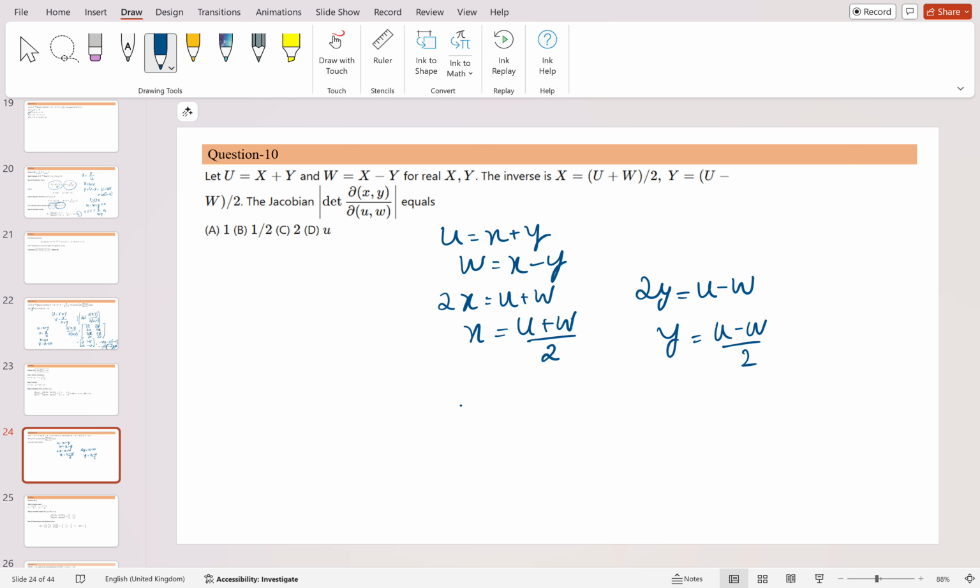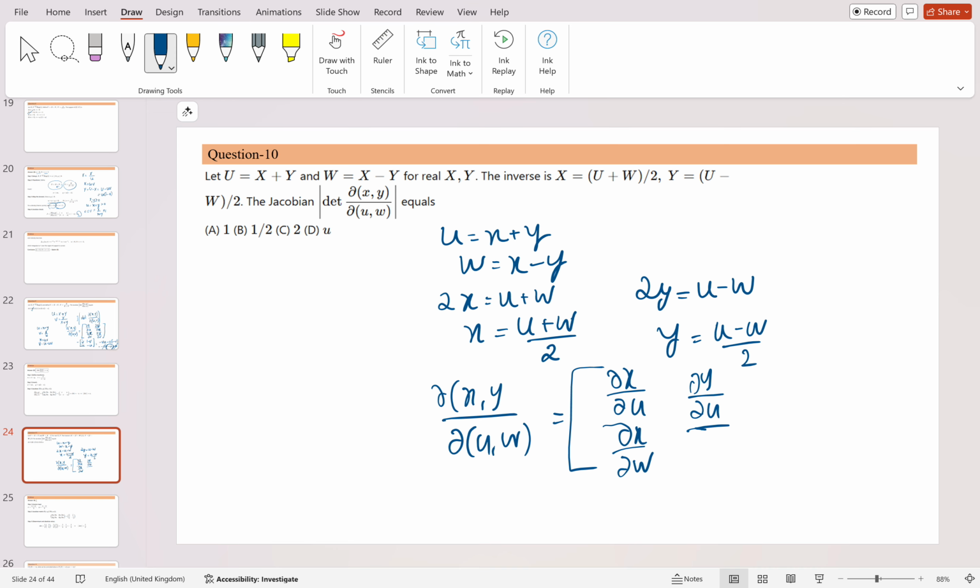Okay. Finding that same Jacobian, del xy divided by del uw, is equal to the matrix del x by del u, del x by del w, del y by del u, del y by del w. Find it out. Del x by del u is simply 0.5.